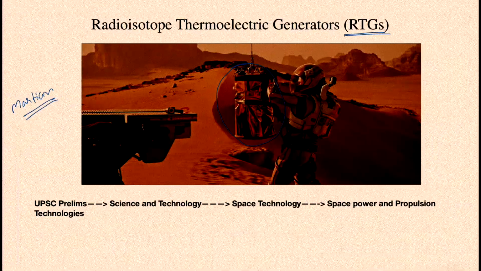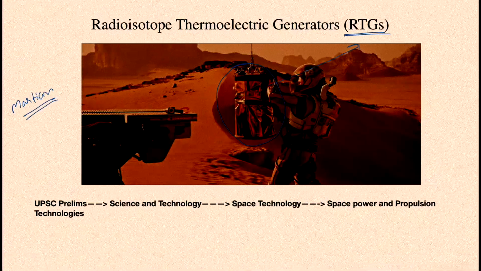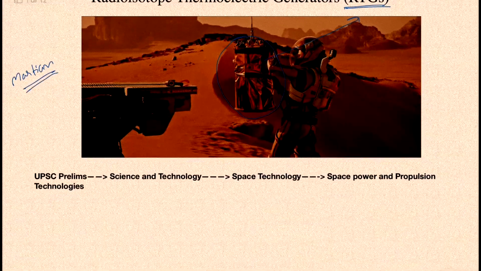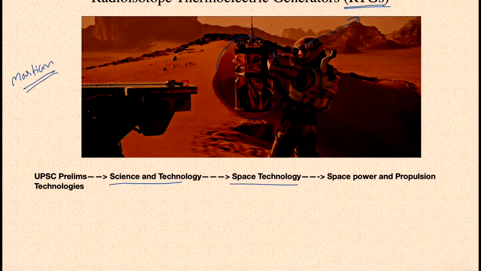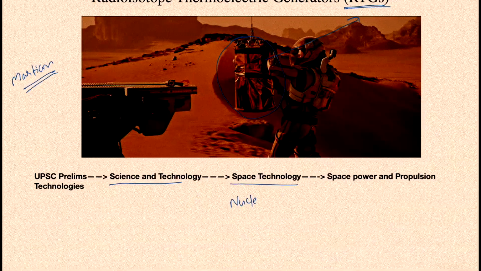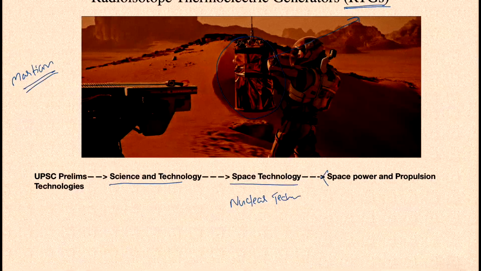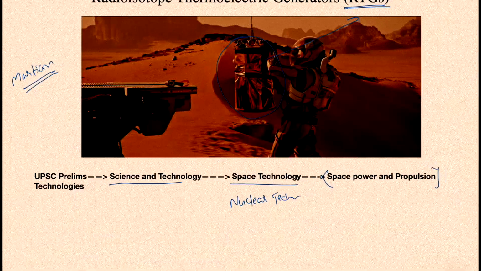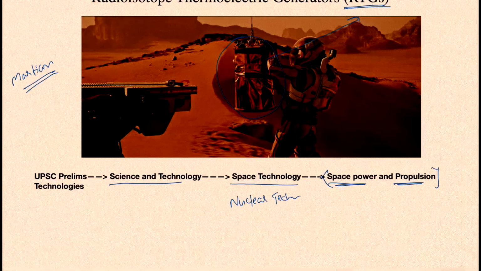So this device is the RTG, and coming to the UPSC, it comes under science and technology, particularly space technology, or you can also say nuclear technology, and it is one of the technologies used for powering space missions and also for propulsion.